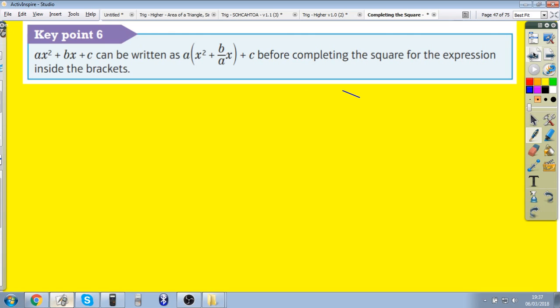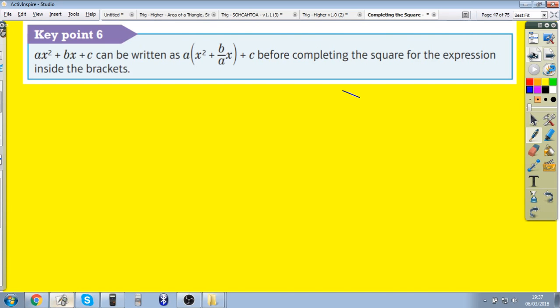So then the 2 outside gets rid of the square bracket, that's just 2, and then (x plus 3) squared, minus 18, plus 2, which is 2(x plus 3) squared, minus 16.